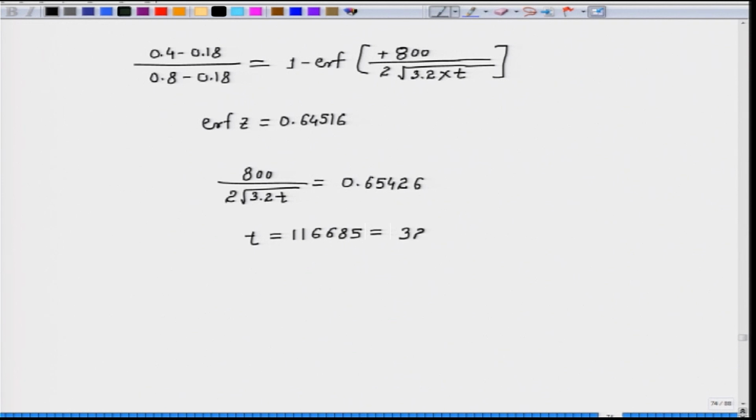This will come out to be 32.4 hours. So, in this particular case, to achieve the case depth of 800 micron, the carburizing time should be 32.4 hours at 820 degrees Celsius, and the case depth in this case is defined as the depth at which carbon concentration becomes 0.4 weight%.